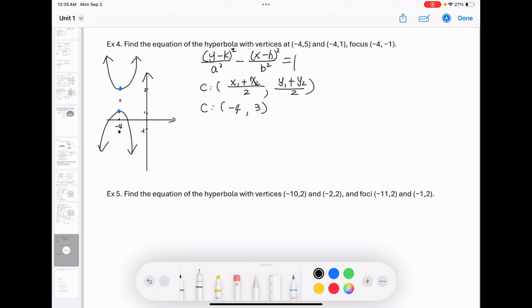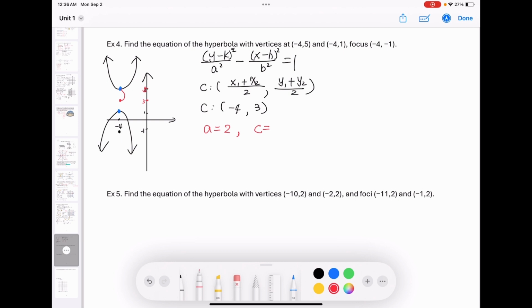How about the a and the b? So a's value can be found from here. The center's y value here is 3. Here it is 5. So from 3 to 5, the distance is 2. So a is equal to 2. And what is the c's value? We are looking for b, but b cannot be found directly.